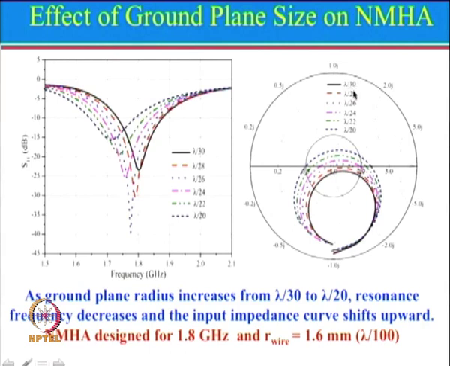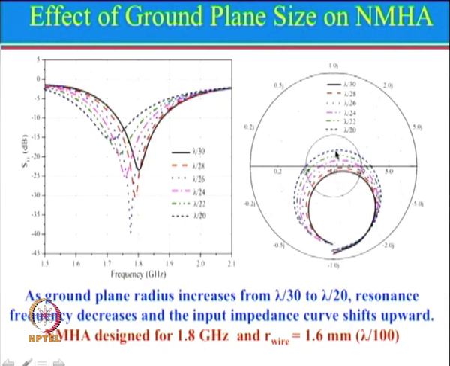And as the ground plane size increases, if it is increasing to about lambda by 4, then it acts like an open turning into a short circuit, and if it is beyond lambda by 4, it will be inductive. However, here we can see the capacitive effect is reduced, so the curve shifts towards the inductive region.